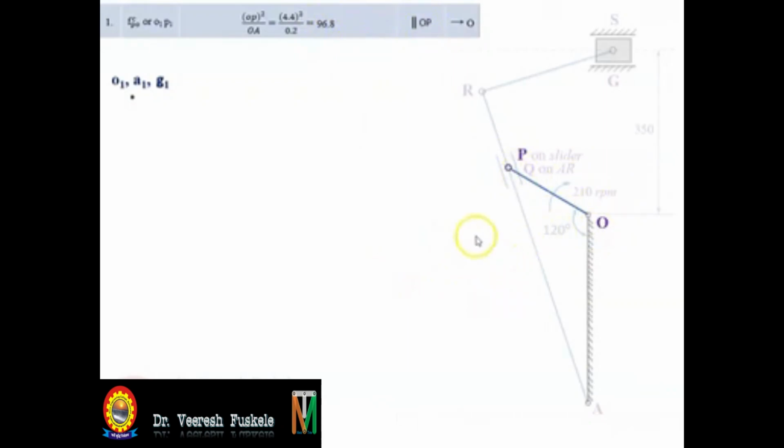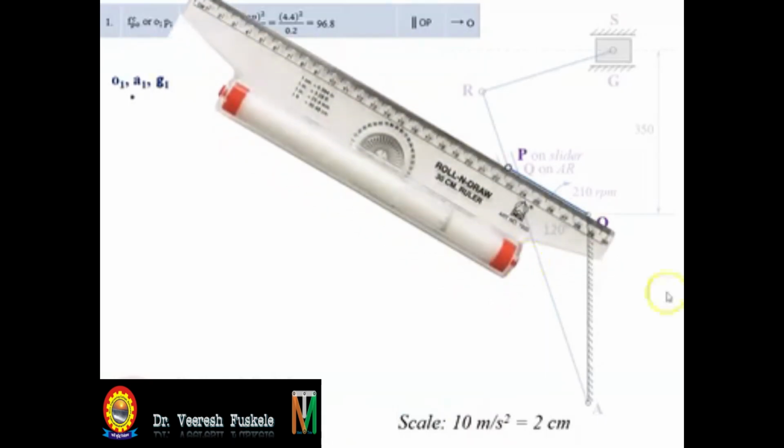For drawing the vector, we will take up a scale, that is 10 meter per second square will be represented by 2 centimeter. So to draw the centripetal component of P relative to O, we have to draw the parallel line. So we take up a roller scale, place it on the link OP, and we drag the roller scale up to point O1, so that we can draw the acceleration vector from O1.